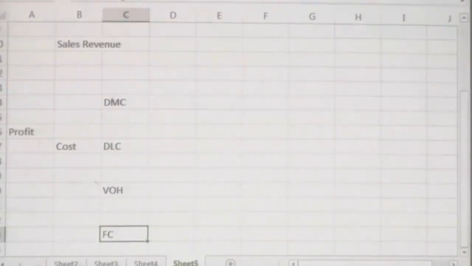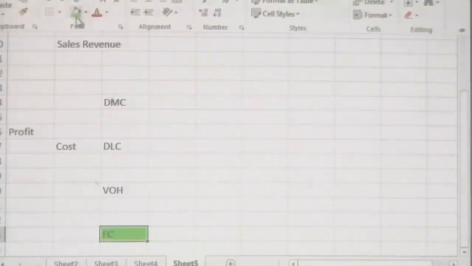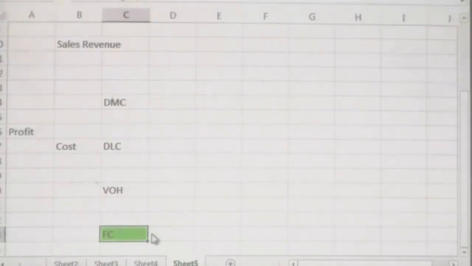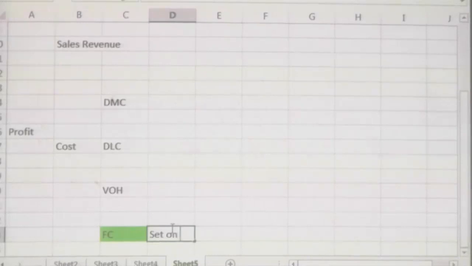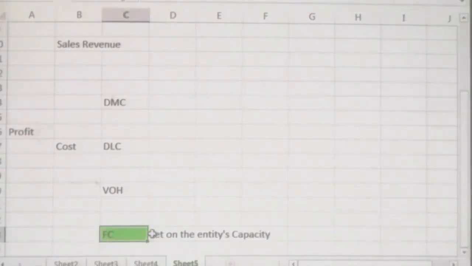Why? Fixed cost is a very special area. Why? Because fixed cost is generally set on the entity's capacity. Therefore, fixed cost variances should be calculated based on the capacity.